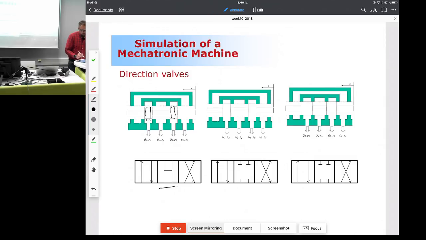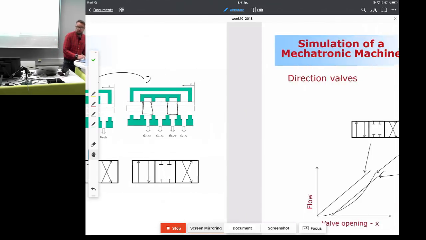Or you can have exactly the same size as the drillings, like shown here, or you can have lands that are bigger than the drillings, and then you are sure that there is no leakage. But these will have different behavior; these two types have different characteristic curves. Okay, this is all clear.